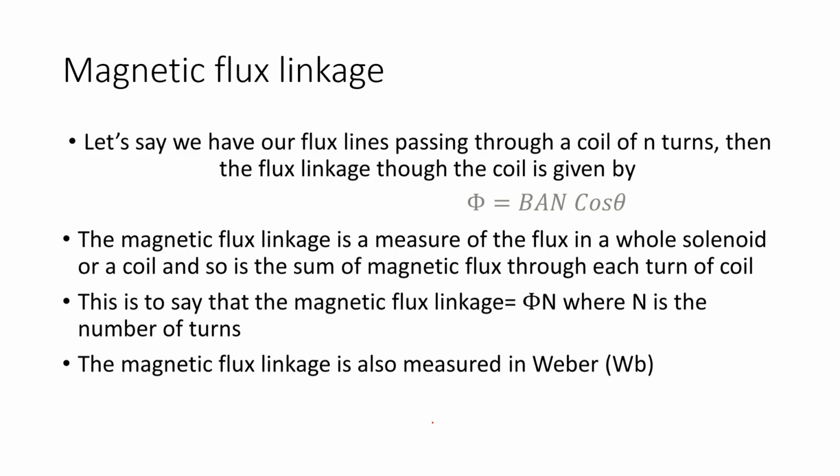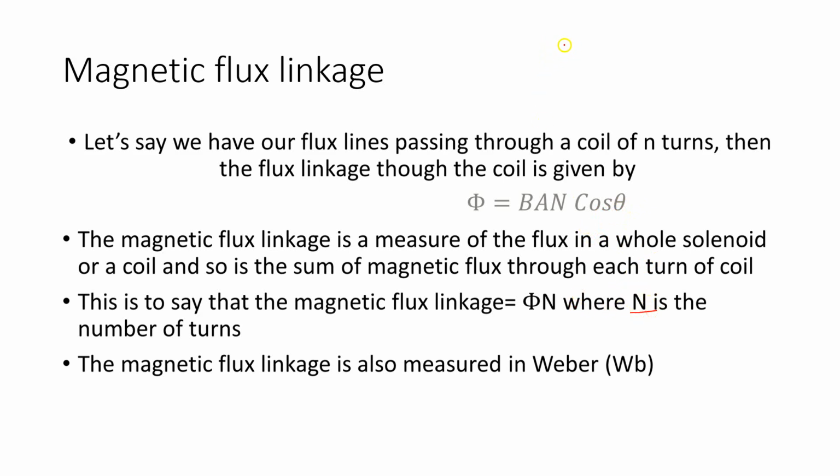Then the flux linkage through the coil is given by B, which is your magnetic flux density, times the area times n cos of theta, where n is the number of turns.